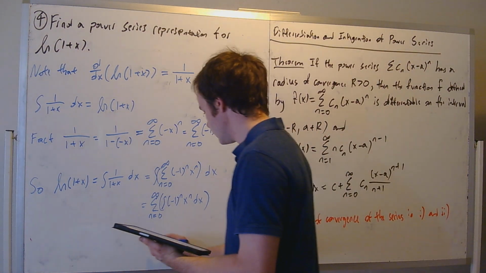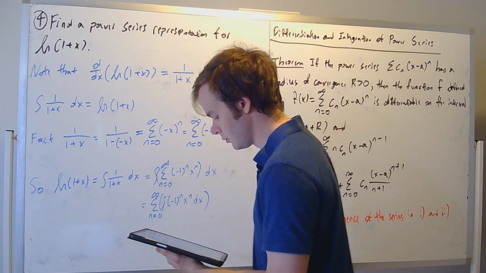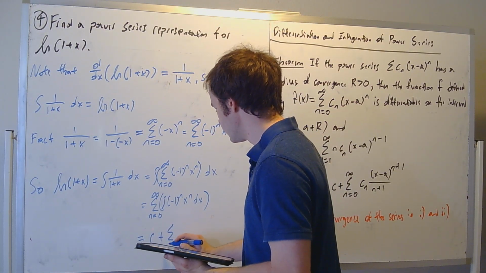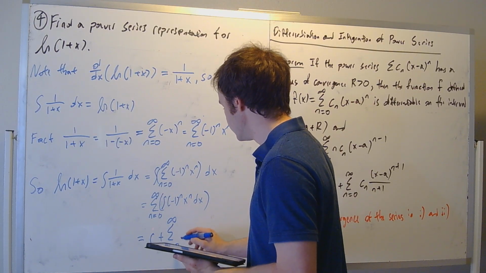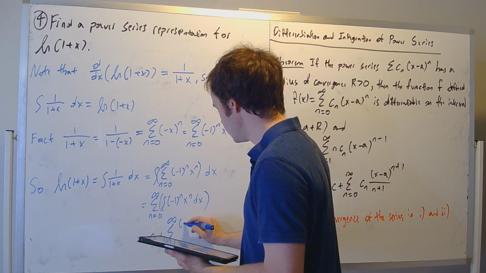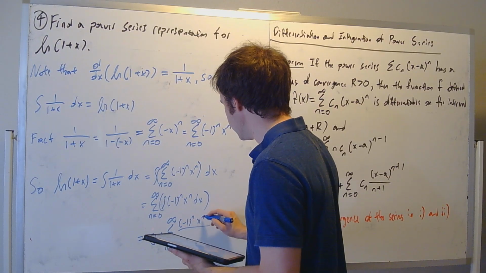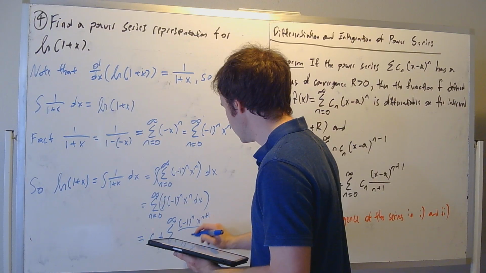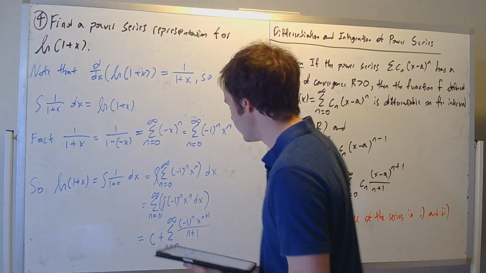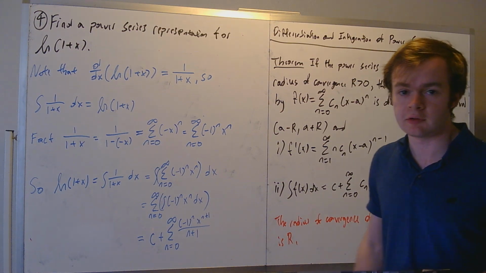So now this is going to be, remember we always have to add our constant c to these problems, plus the sum from n equals 0 to infinity of negative 1 to the n, x to the n plus 1 over n plus 1. And now the last part of the problem is we need to figure out what c is equal to.